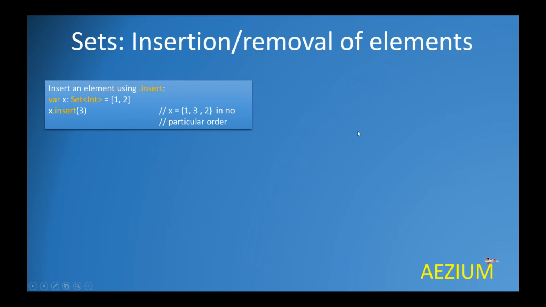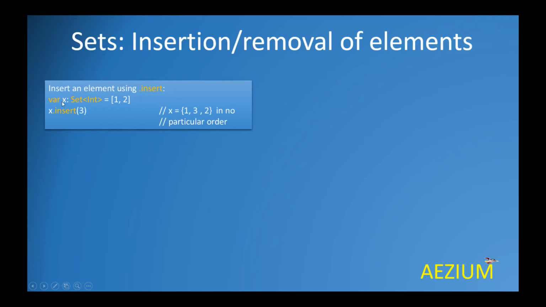Similar to arrays, we can insert and remove elements. That is what I'm discussing on this slide. So to insert an element into a set, we use .insert. That's one way to do this.